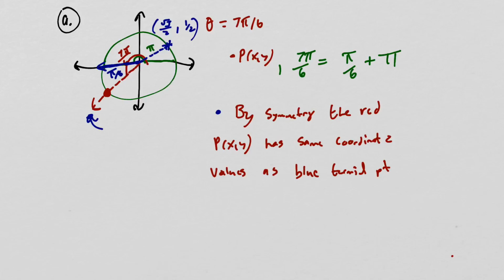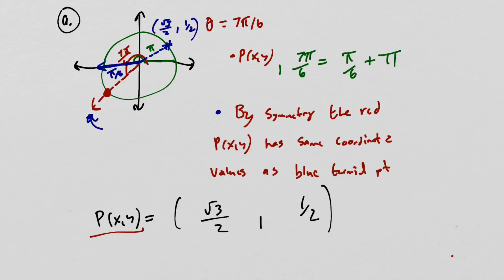This means that the coordinate values for our red terminal point P of xy is going to be equal to the square root of 3 divided by 2 and 1/2. But since we know our point P of xy lies in the third quadrant, our square root of 3 divided by 2 is going to have a negative in front because it's a negative number, and then we're going to have a negative 1/2 here because it's below the x-axis.